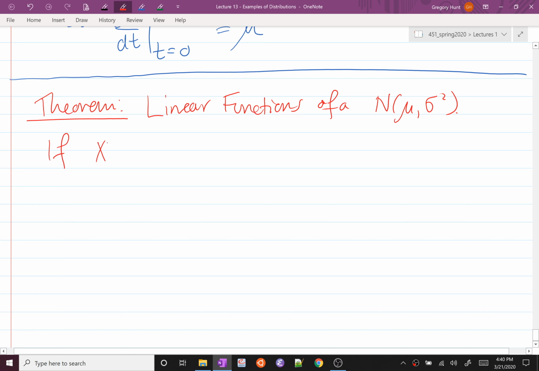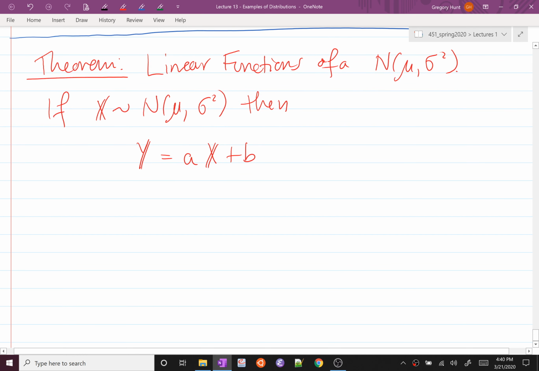If X has a normal mu sigma squared distribution, and we define a new random variable Y, where Y is some constant a times X plus b, then here's the nice thing: Y also has a normal distribution.